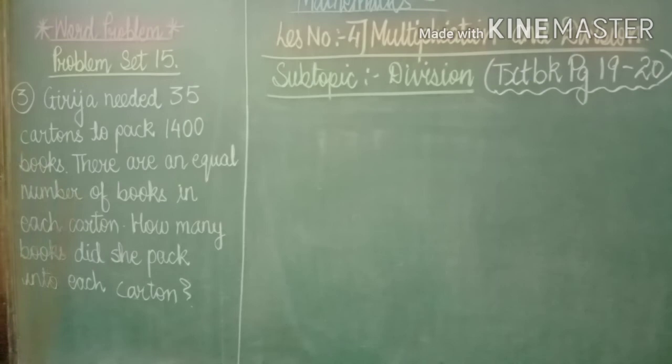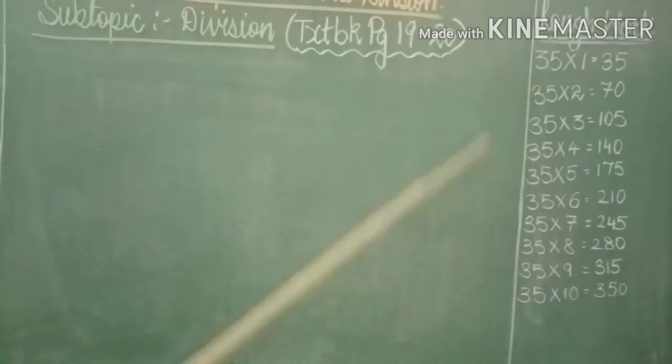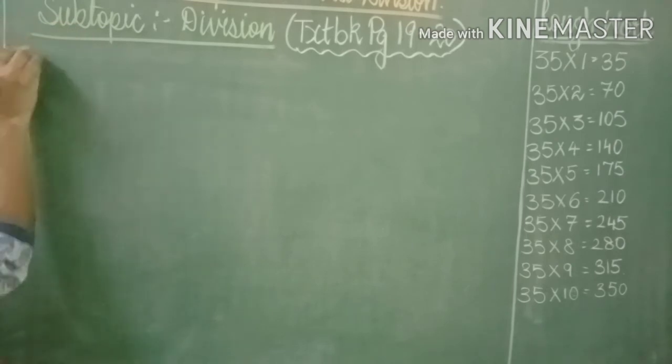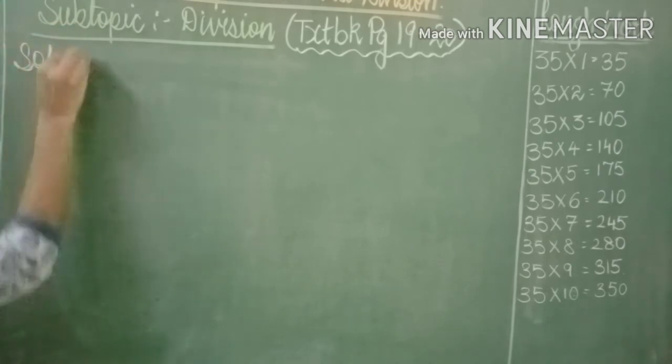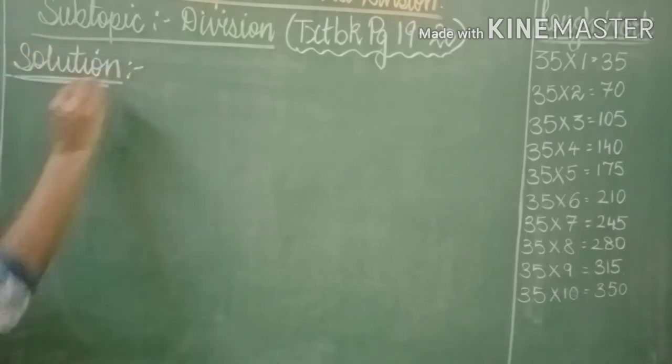As you can see, I have already written the table of 35 in the rough work, from 35 ones up to 35 tens. Now we will write the number of books for this word problem solution. We will write solution.